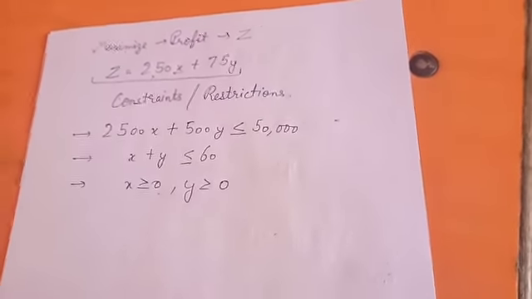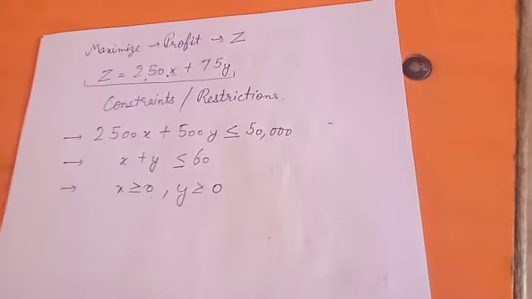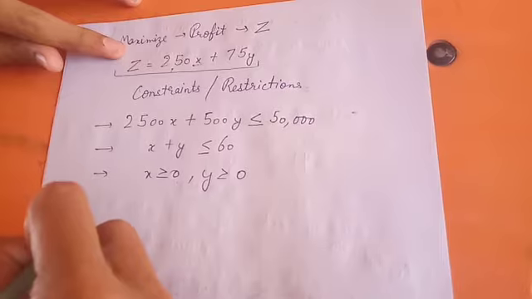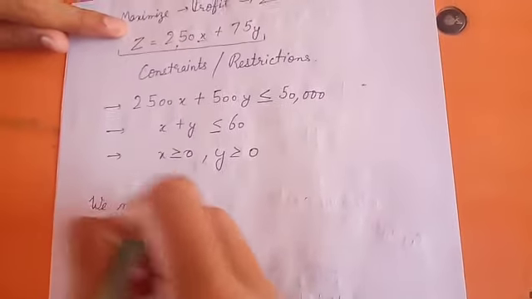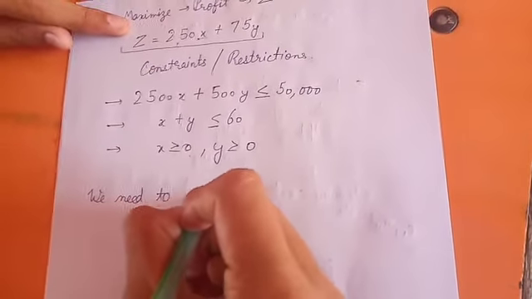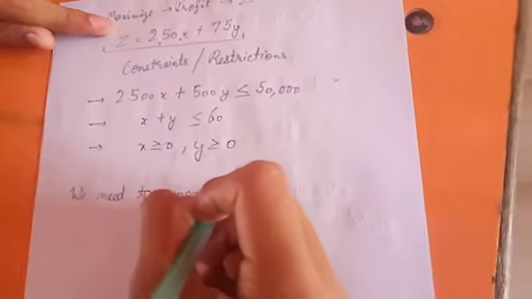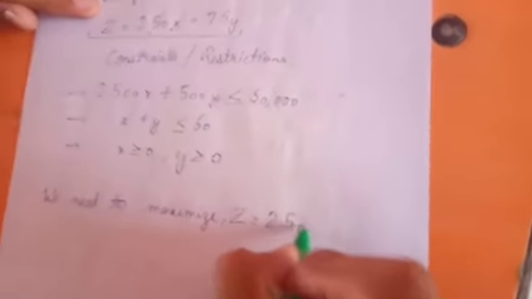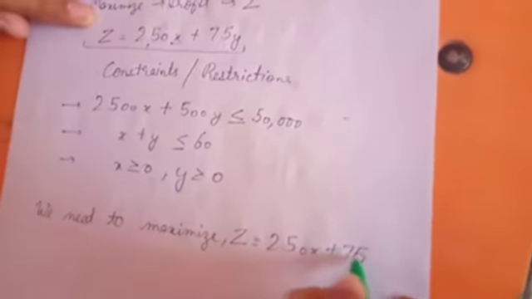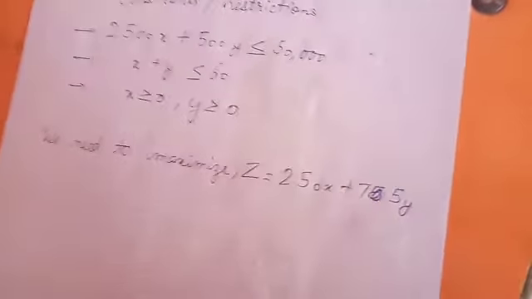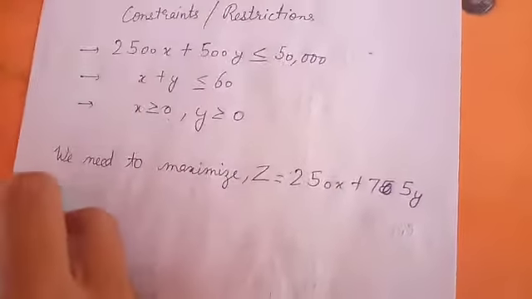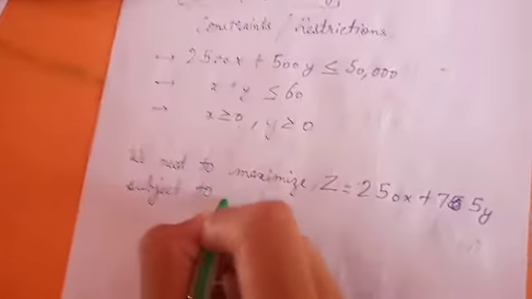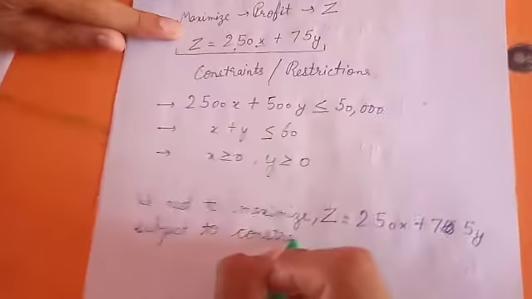So how will you write it? You will write: we need to maximize z, where z equals 250x plus 75y, subject to constraints.